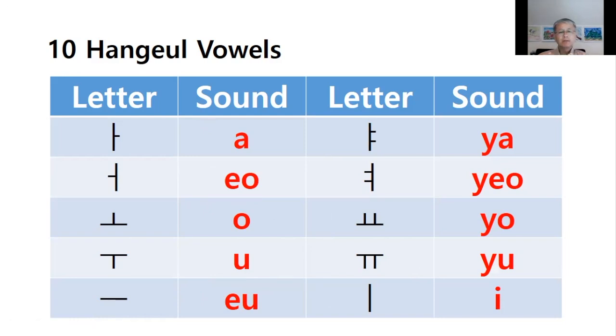When you learn the Korean characters, you have to memorize them in order. To memorize this way: a, ya, eo, yeo, o, yo, u, yu, eu, i. Okay, so the order is very important. So when you learn the Korean language, you have to memorize the Korean characters in order. All right.